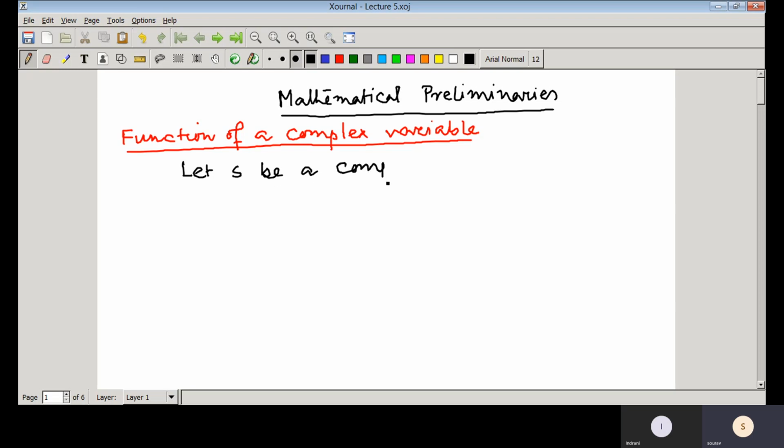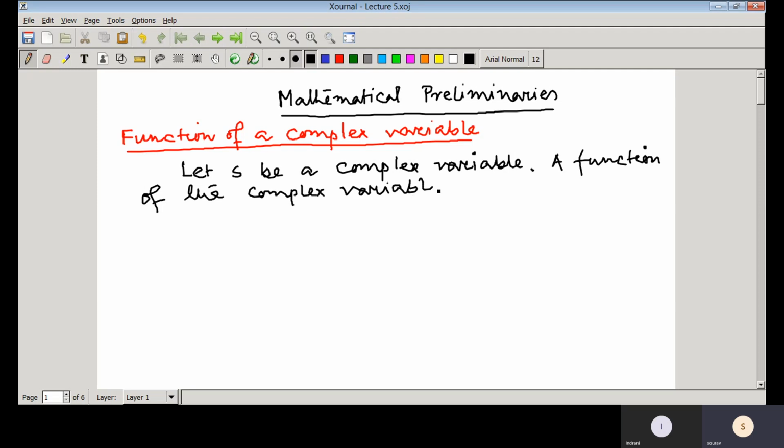A function of the complex variable, G(s), is represented by its real and imaginary parts.